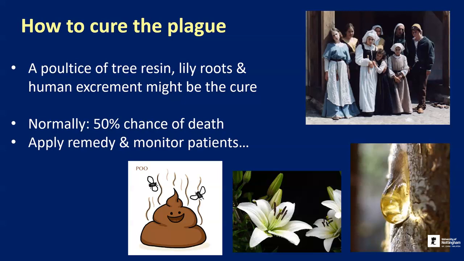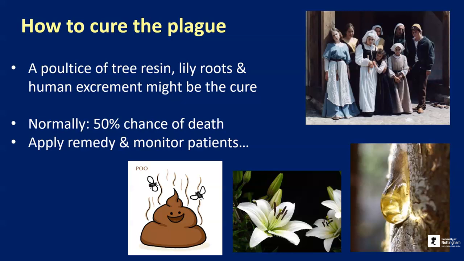One real remedy that was tried at the time was a poultice made from tree sap or resin, the roots of lily flowers, and human excrement, because obviously, if you're thinking from first principles and trying to cure a deadly disease, smearing somebody with poo is bound to work, maybe. Anyway, this is a real remedy that was tried at the time.